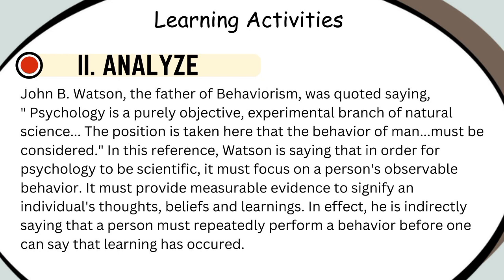It must provide measurable evidence to signify an individual's thoughts, beliefs, and learning. So he is indirectly saying that a person must repeatedly perform a behavior before one can say that learning has occurred.